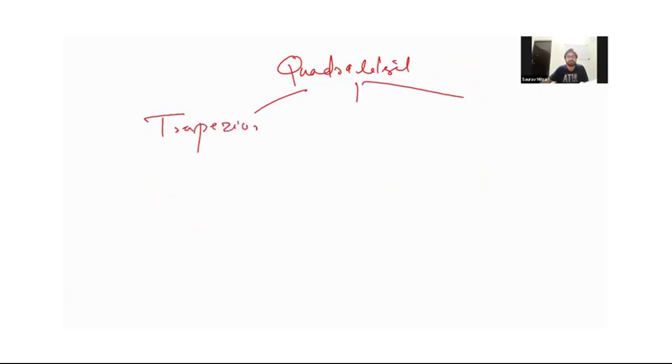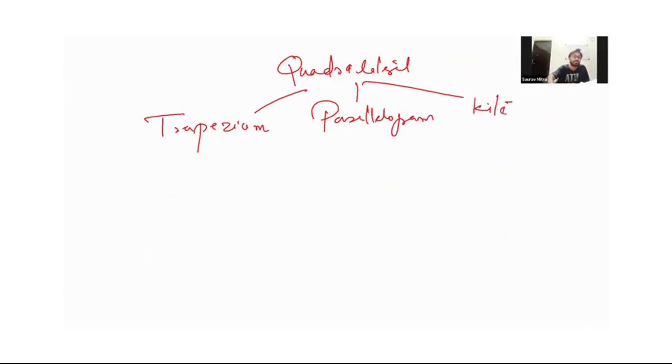So let's revise this. First of all, your first thing is a quadrilateral. From quadrilateral we derived three things: trapezium, parallelogram, and the last one is your kite.